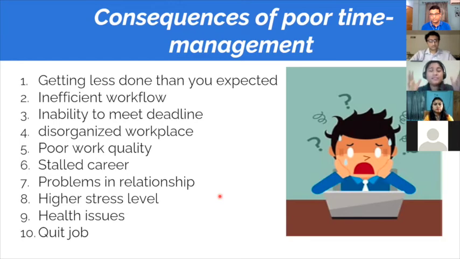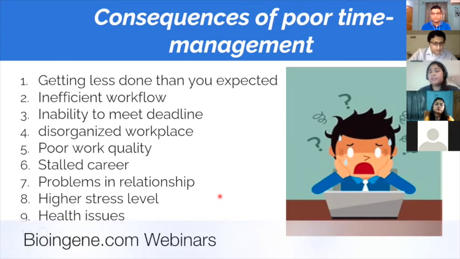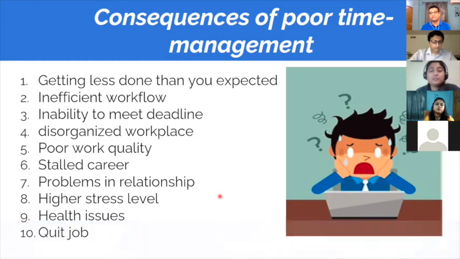When insufficient time is left, the rest of the job is left undone. So you are not completing the whole job. That's why you expect that you will finish the job, but you couldn't because of your poor time management.